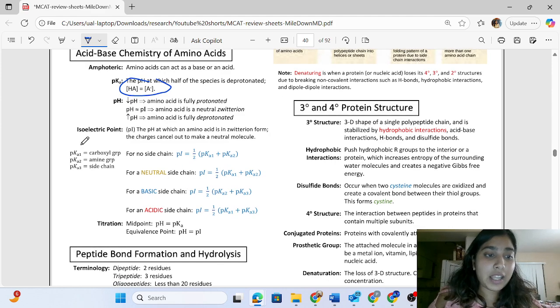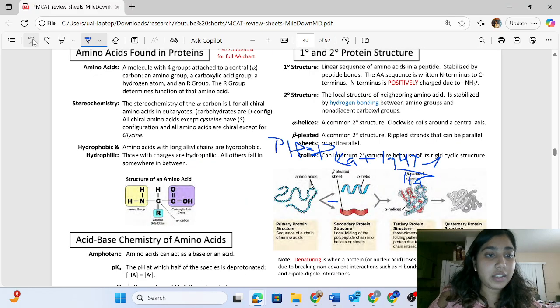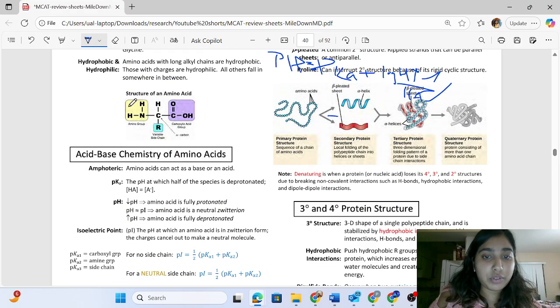Now, how to calculate this isoelectric point, this is very important.